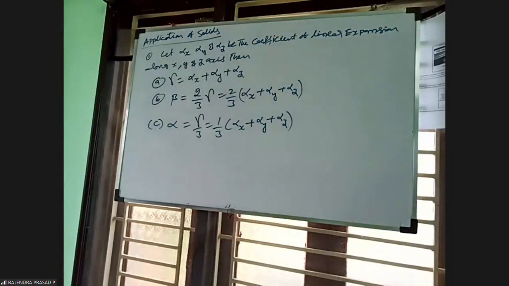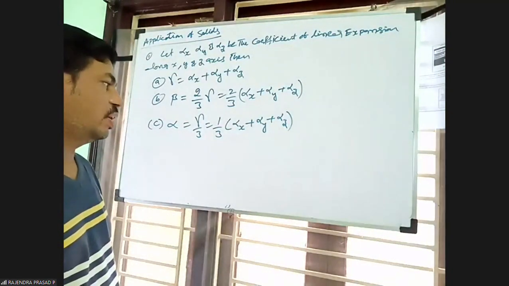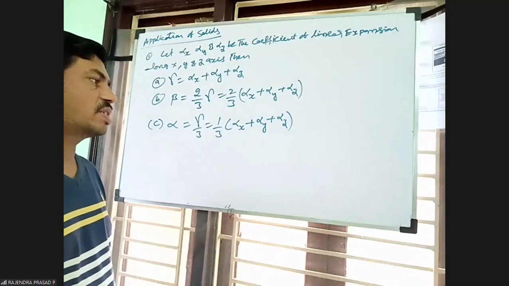Alpha is equal to gamma by 3, so alpha equals 1 by 3 into alpha x plus alpha y plus alpha z.